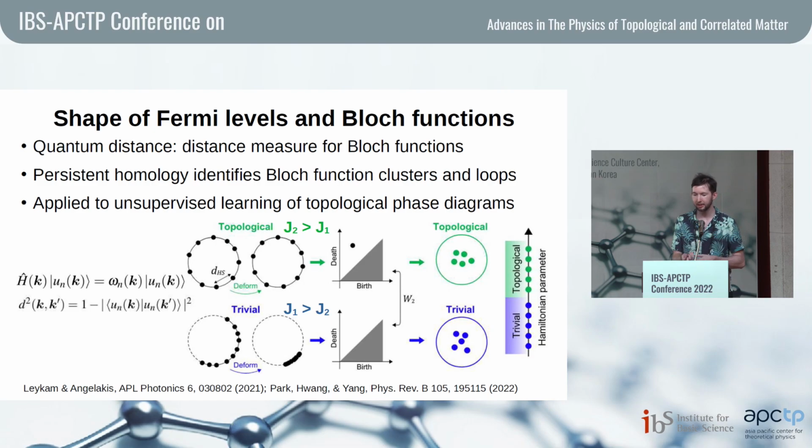This was also combined with a machine learning based clustering approach by Professor Yang and collaborators in this work. And they showed that you can go beyond detecting phase transitions of the simple SSH model and also classify more complicated two-dimensional models, distinguishing different Chern numbers.